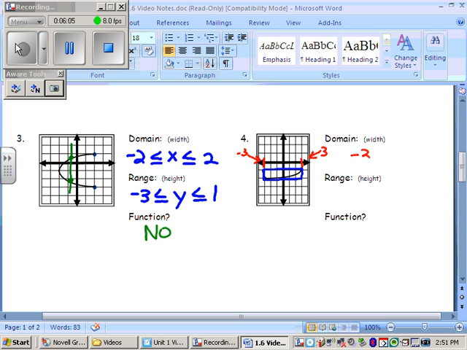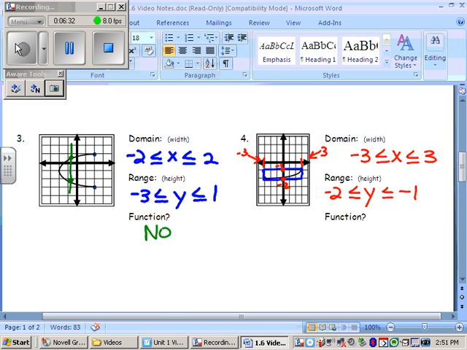So we would write our answer or our domain as negative 3 is less than or equal to x, which is less than or equal to positive 3. For our range, it would be between negative 2 and negative 1. So again, write the smaller number first, less than or equal to y, which is less than or equal to negative 1.